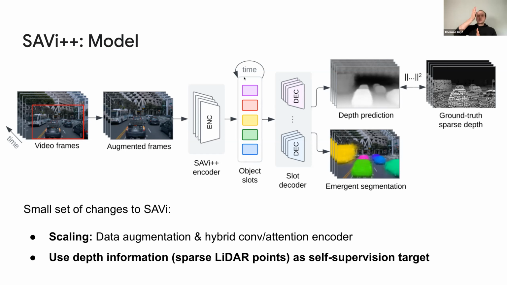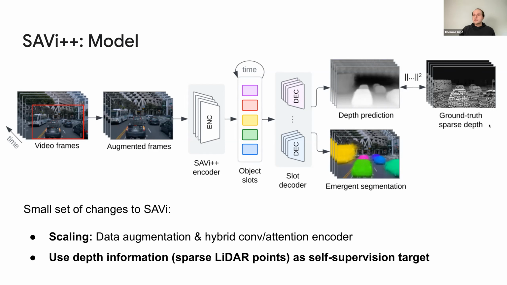So the slots discovered at time step 1 are passed through a self-attention transformer, or transformer encoder, and then act as initialization for the second time step. And the only loss we really apply is a reconstruction loss in pixel space, where we task the model to predict the depth that we measure using the LiDAR.